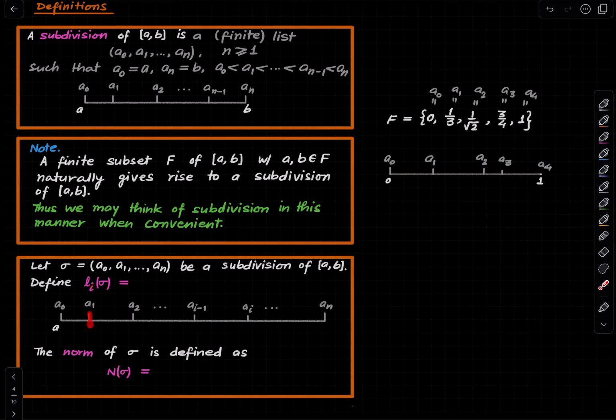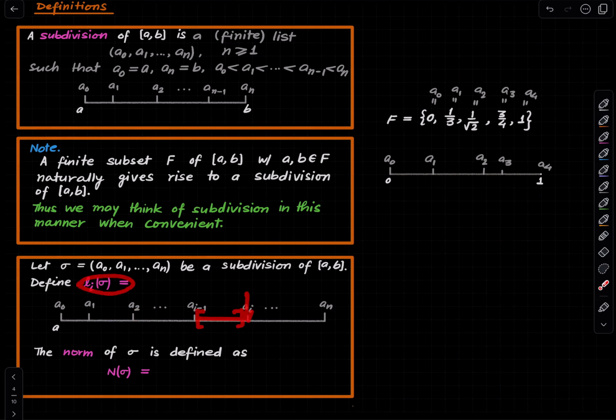You go to the first element of the subdivision and ask what is the length of the chunk that it is the right endpoint of. If i were equal to 2, go to the second guy, ask what is the length of this chunk. For A3, what is the length of this chunk? For i, you go to the ith element, ask the length of this chunk.